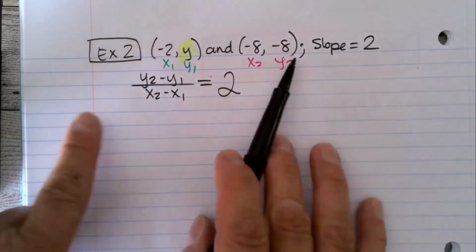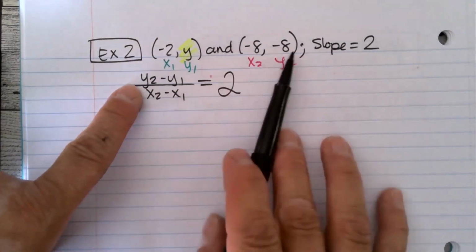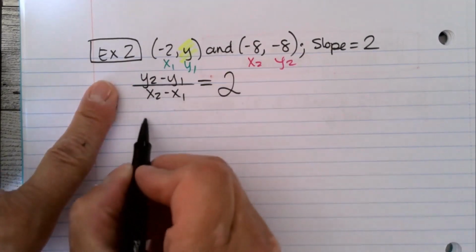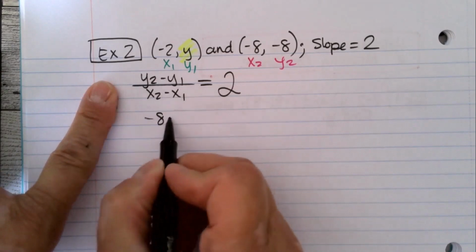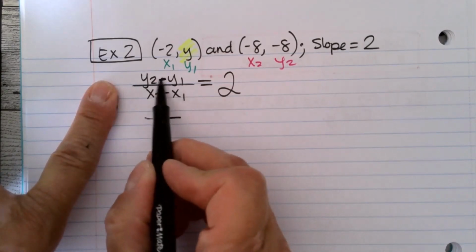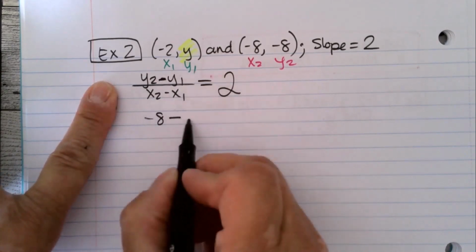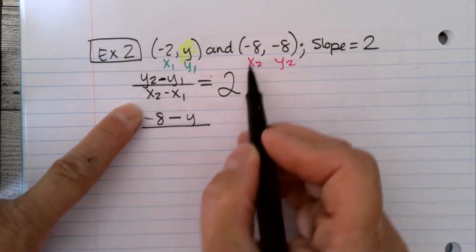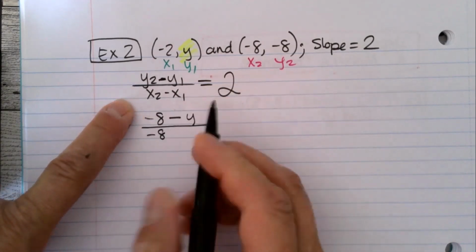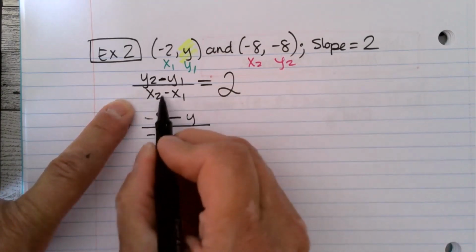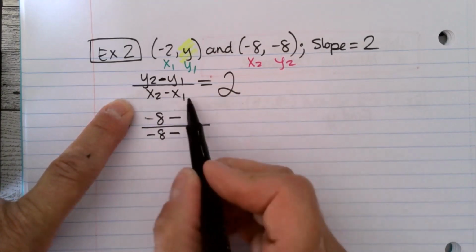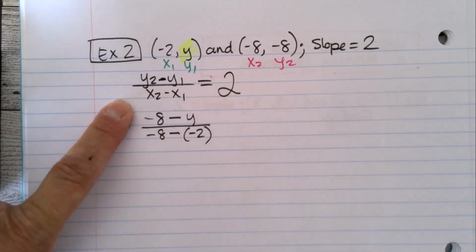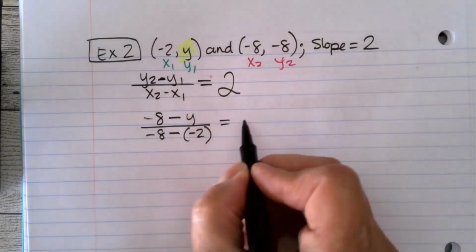So these are the placeholders, and these are the numbers that are going to go in those spots. So y2 is -8, minus y1, which is y, over x2, which is -8, minus x1, which is -2. And since that's a negative, I'm going to put that in parentheses. And all that still equals the slope 2.